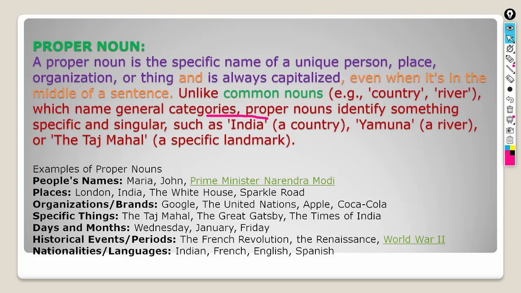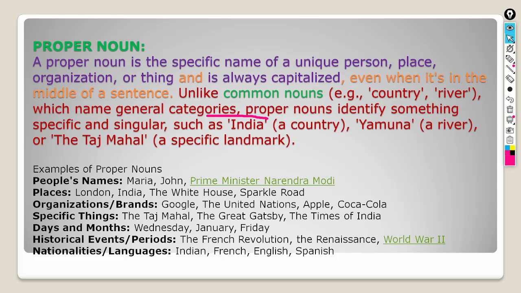Now, coming to the first category, the proper noun. A proper noun is the specific name of a unique person, place, organization, or thing and is always capitalized.